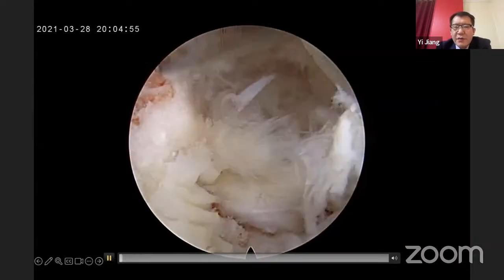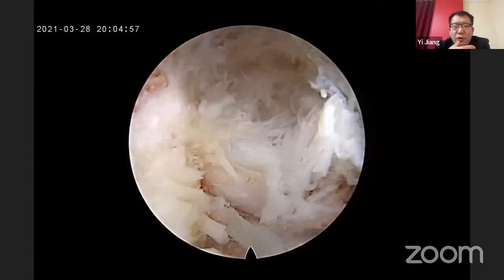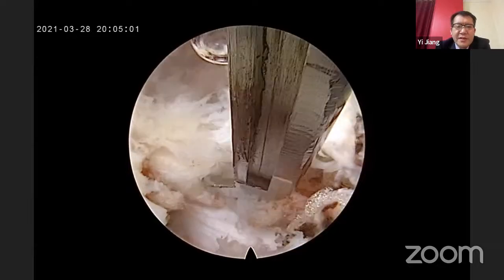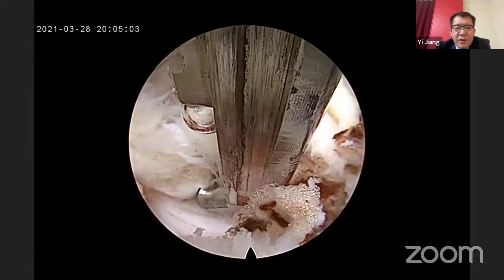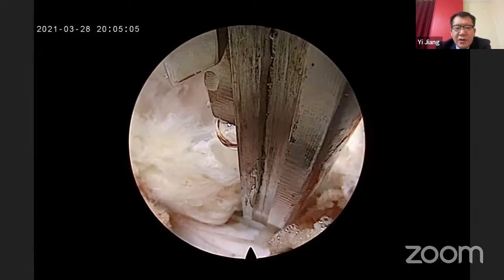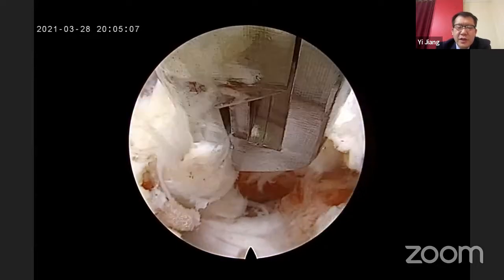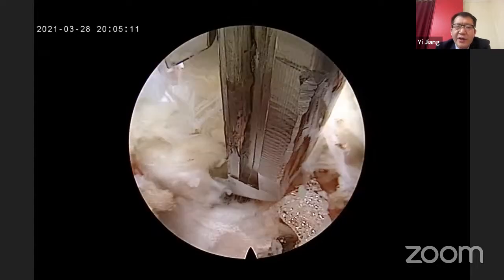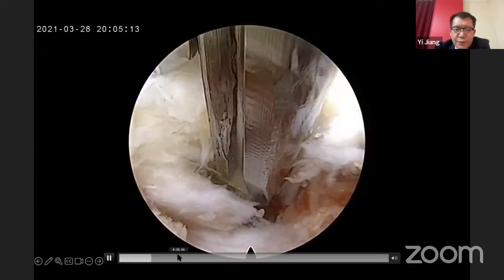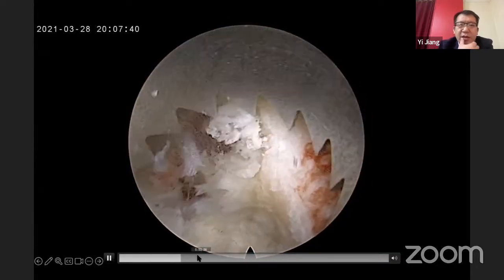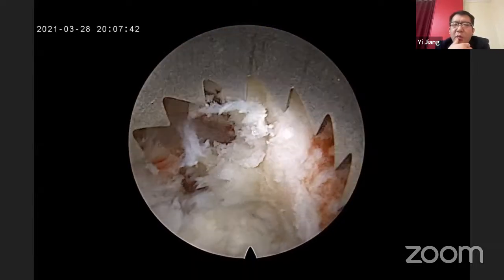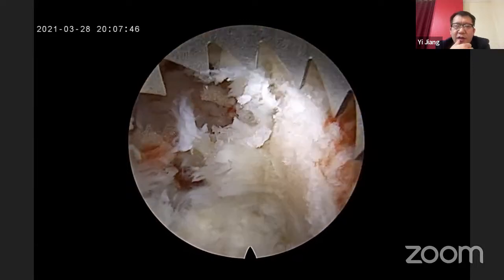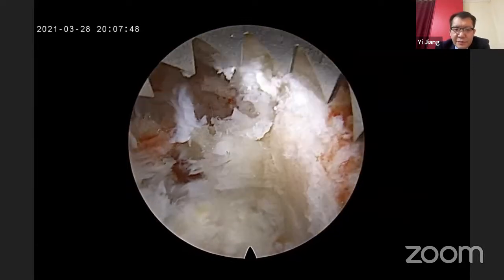Just like this, when you want to remove this OLF, the instrument always irritates the spinal cord. So we need to use the reamer to create more space for the decompression.